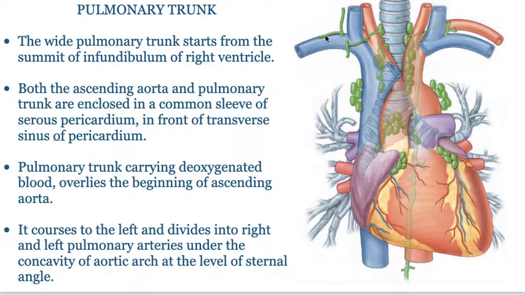The pulmonary trunk, carrying deoxygenated blood, overlies the beginning of the ascending aorta. It courses to the left and divides into the right and left pulmonary arteries under the concavity of the aortic arch at the level of the sternal angle.